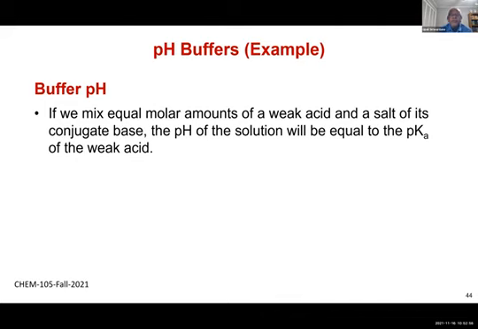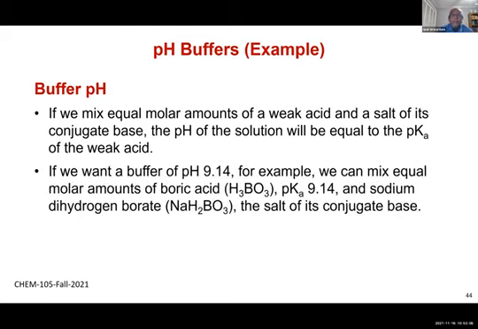The Ka value for acetic acid is known, 1.8 times 10 to the negative 5. So we can calculate the pK value from the Ka value. 9.14 is the pK value of boric acid.